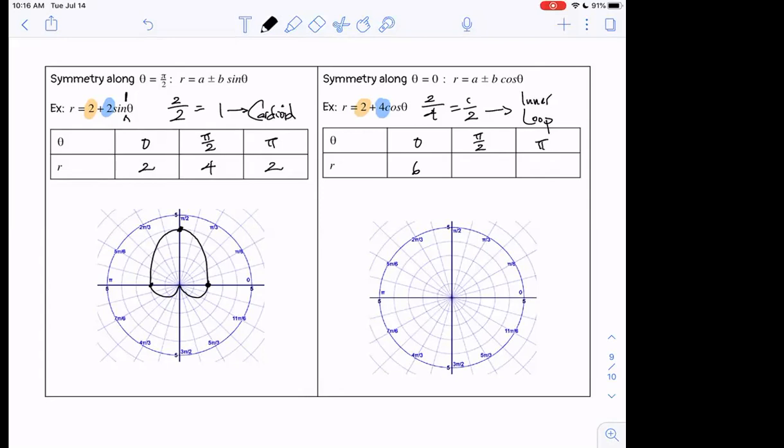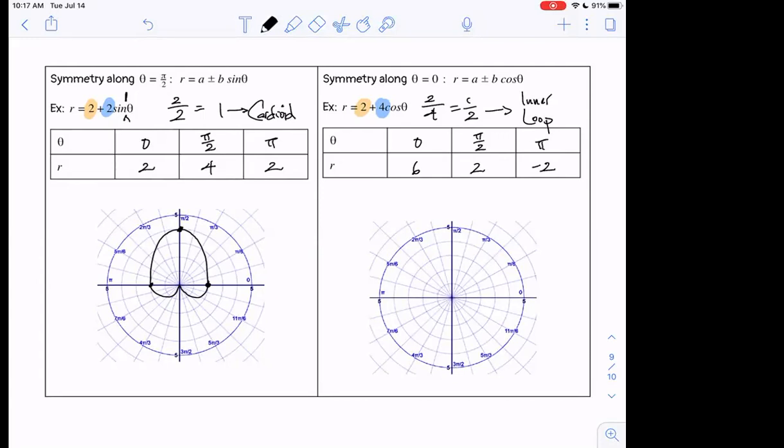If I plug in pi over 2, I'm going to get 2. If I plug in pi, what value am I going to get for r? Negative 2, right? Because cosine of pi is -1.